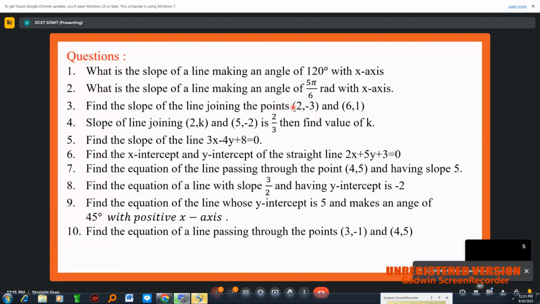For the third one, you will get it as 4 by 4, that is one answer. For the fourth one, the slope is given as 2 by 3, and the values x1, y1 and x2, y2 are given. Substitute in the formula and then cross multiply. Then you will get the value of k.